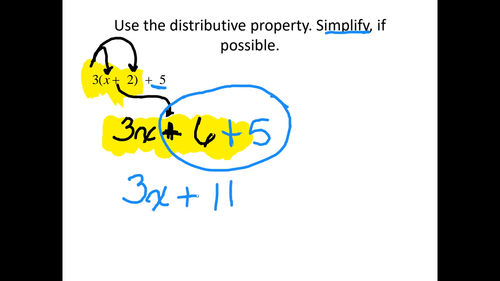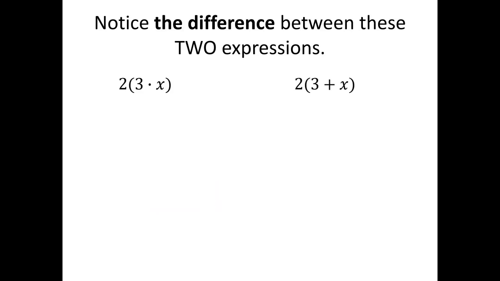Now my next slide, hopefully you're going to notice the difference. Okay, now notice the difference between these two expressions. And I want to show you real carefully. Notice right here, I got a dot. Notice right here, I got a plus. Okay.